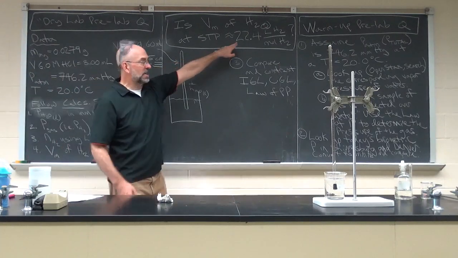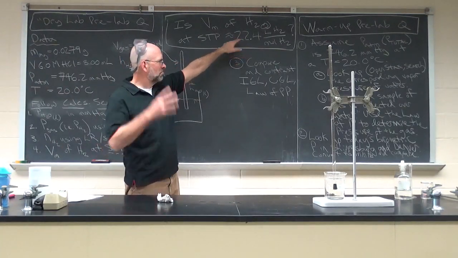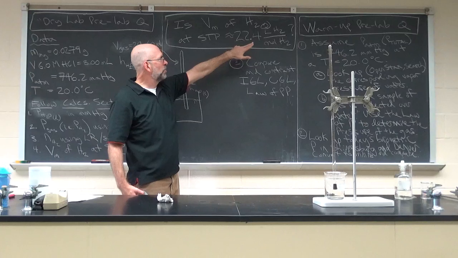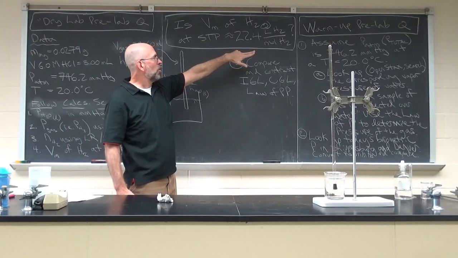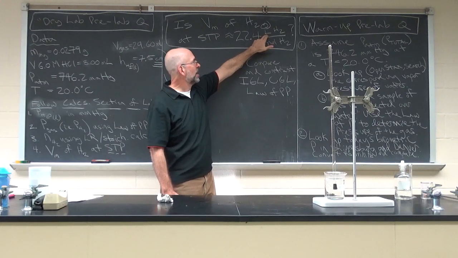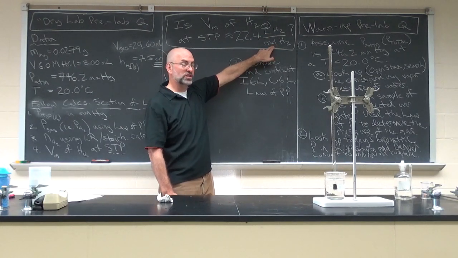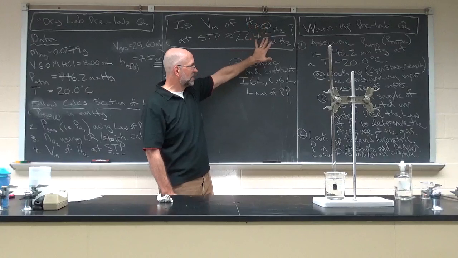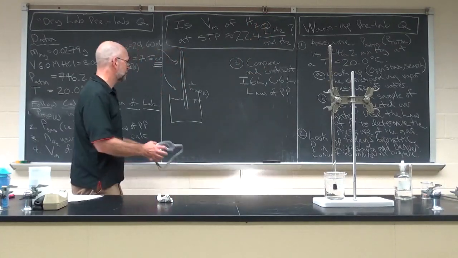The answer should be, even with the pre-lab data, in the ballpark of 22.4 liters per mole. The units are important, so you want liters in the numerator and moles of hydrogen gas in the denominator. That gives you a clue of how to do the calculation.